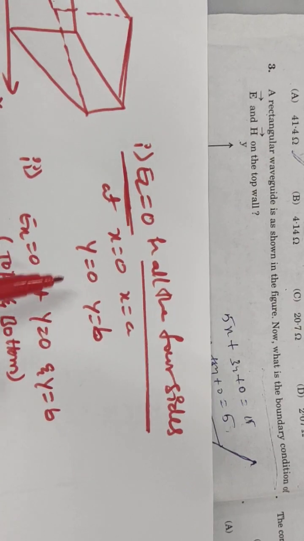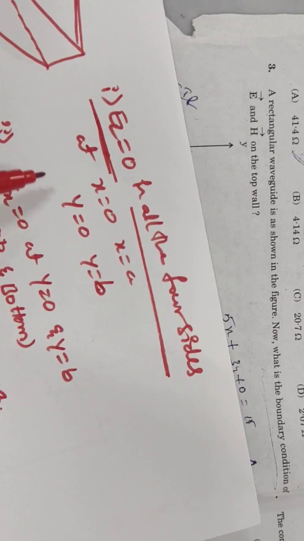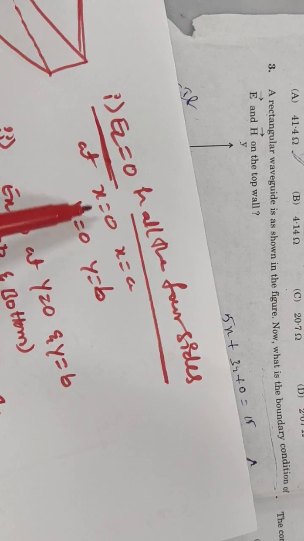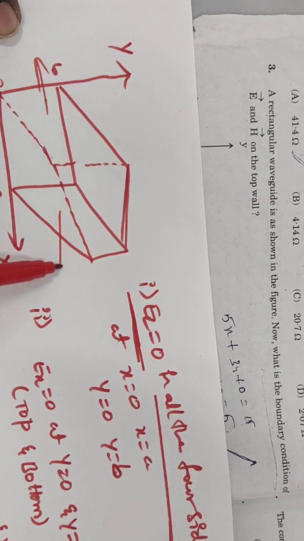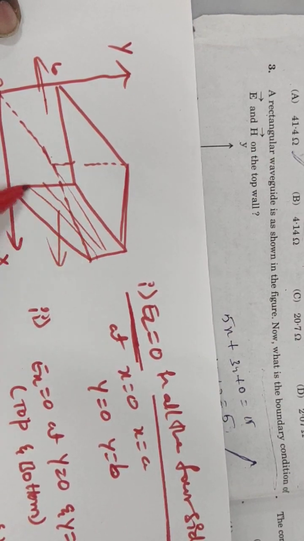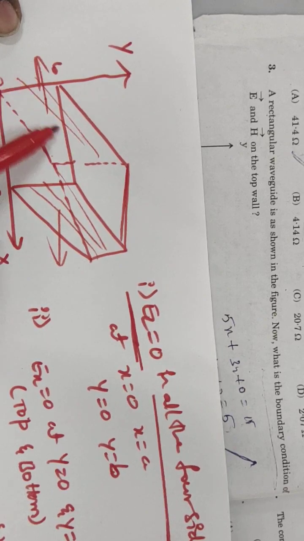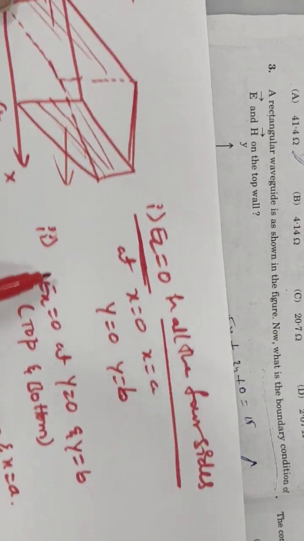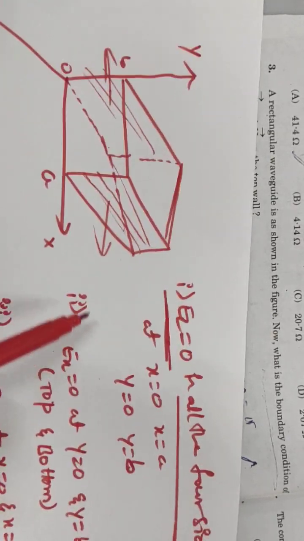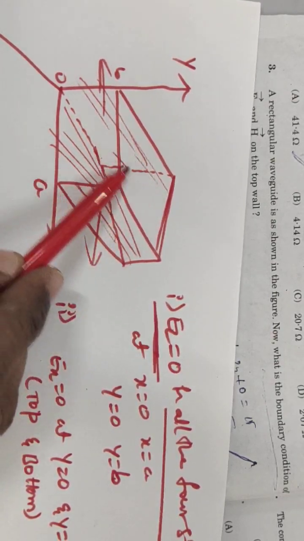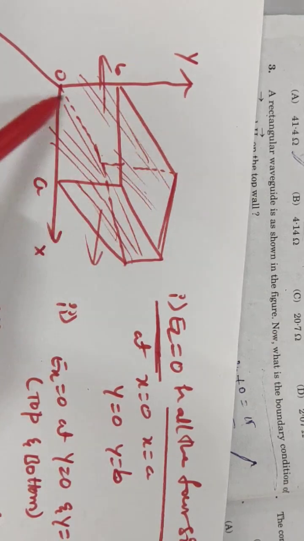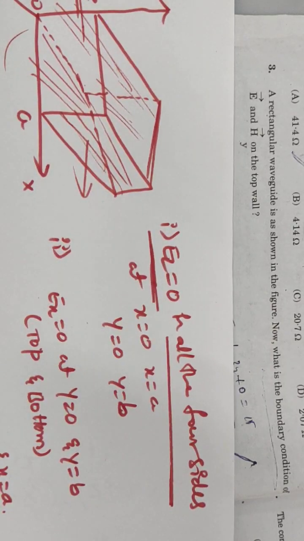The four sides are x is equal to 0, x is equal to a, y is equal to 0 and y is equal to b. Y is equal to 0 means the bottom, and y is equal to b means the top. In all four sides, Ez is equal to 0.